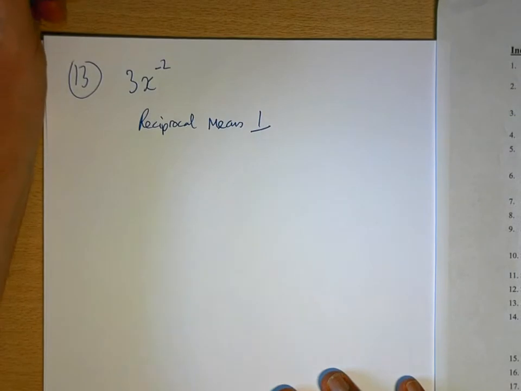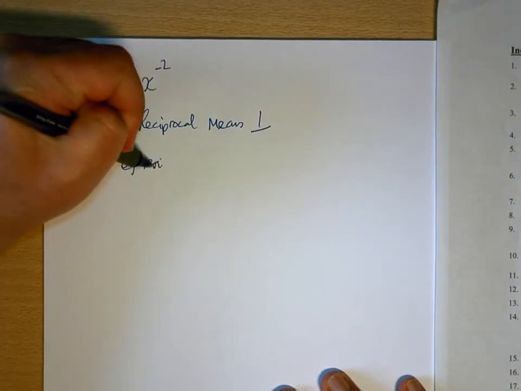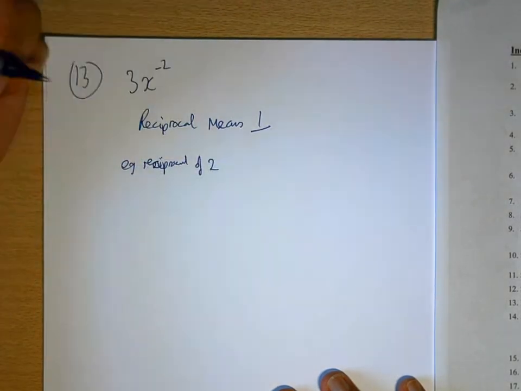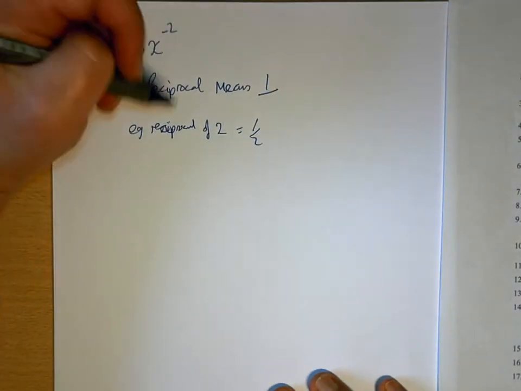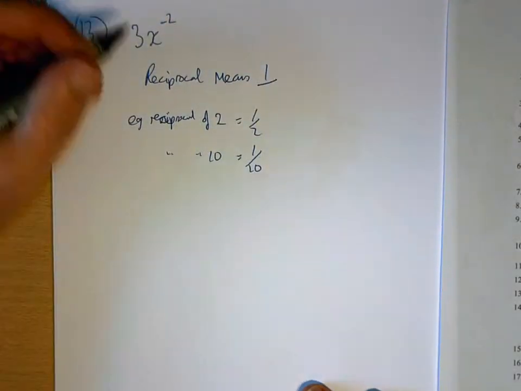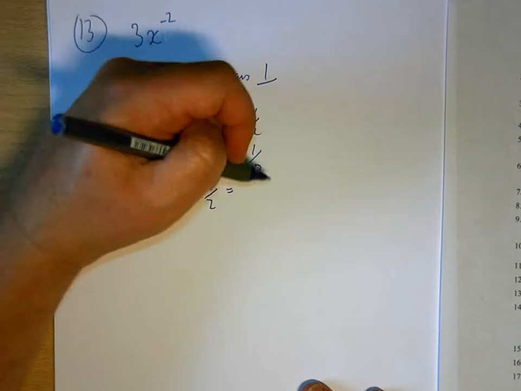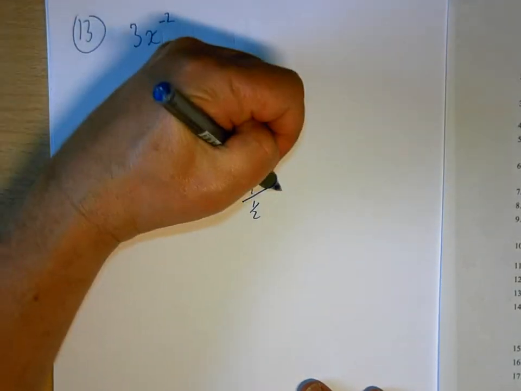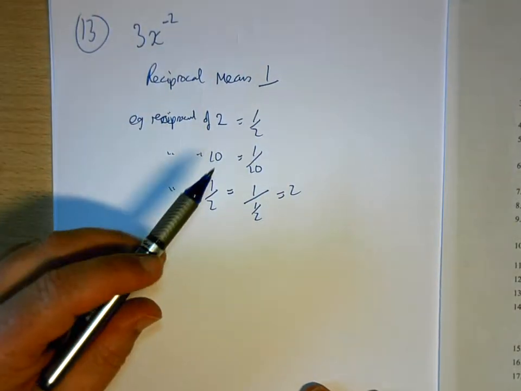Okay, so the reciprocal of 2 is 1 over 2. The reciprocal of 10 would be 1 over 10. The reciprocal of a half, well, that's the same as 1 over a half. You would turn it upside down, which is 2. Okay, so that's what a reciprocal means.